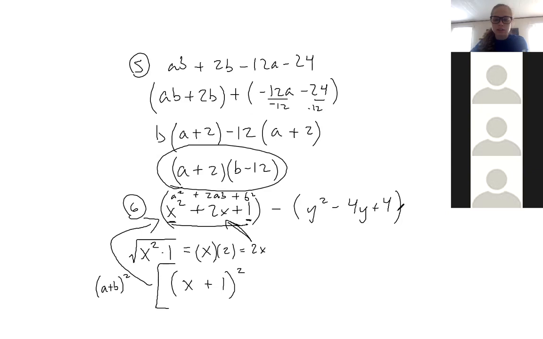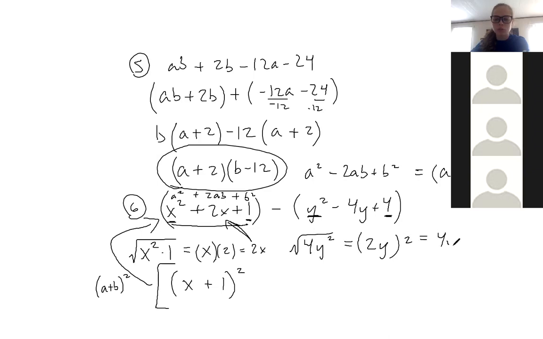Now let's take a look at this one right here. Now I've got a subtraction and a plus sign. This looks like it may be the form a squared minus 2ab plus b squared, and if that's the case, we can factor it as a minus b, squared. Let's check. First and last terms, yep, those are perfect squares, so multiply those together and take the square root. I get 2y, multiply that by 2, that's 4y. That is my middle term.